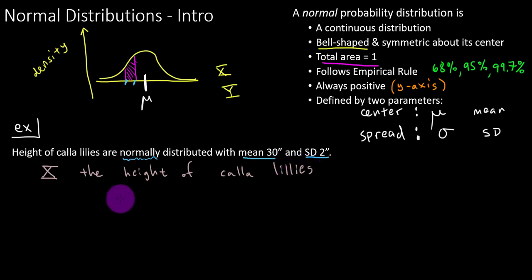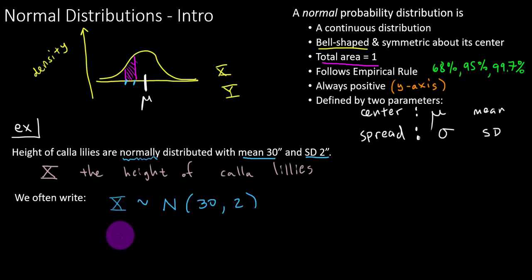And instead of writing this sentence every time, we often would abbreviate this as X squiggle, the letter N, capital, and in parentheses, the value of the mean, comma, the value of the standard deviation.